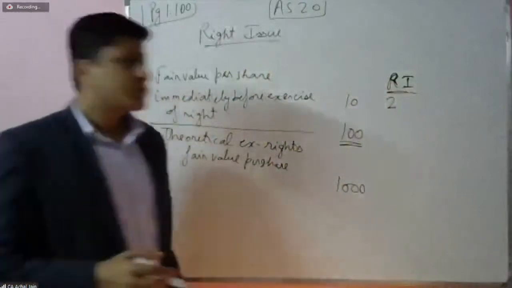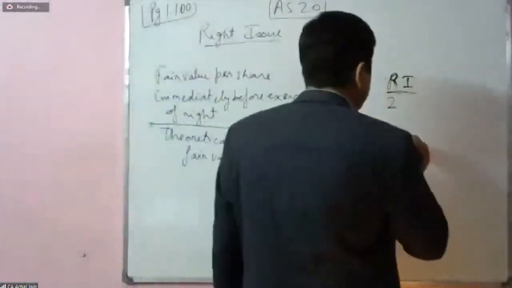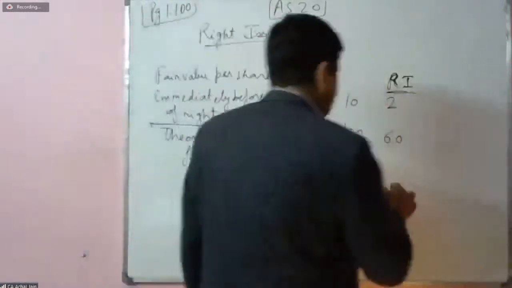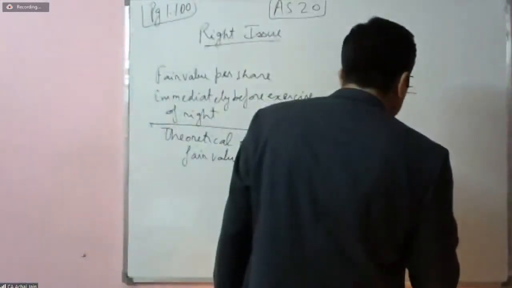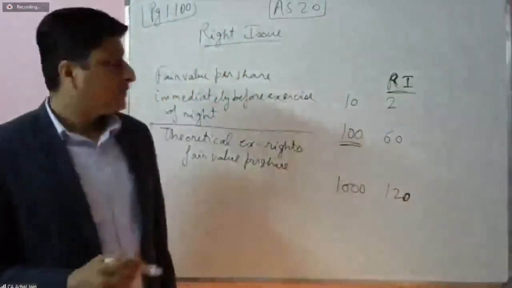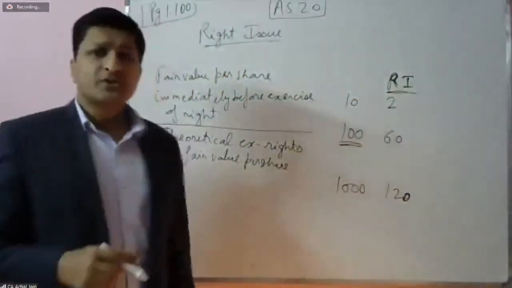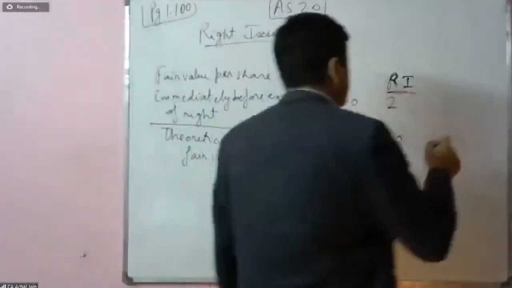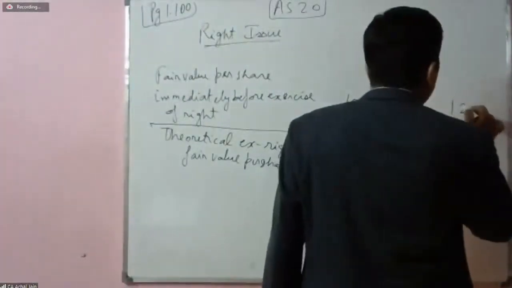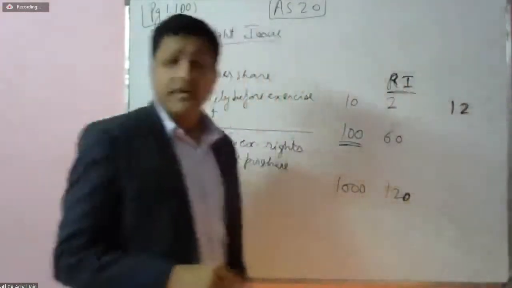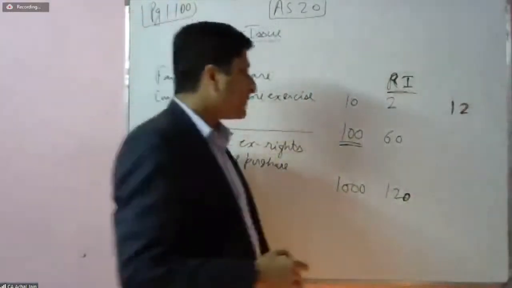These shares were issued at 60. So what is the amount? 120. Now, after right issue, let's understand what is the position. After right issue, what is the position? Number of shares become 12. And the total value becomes 1120.